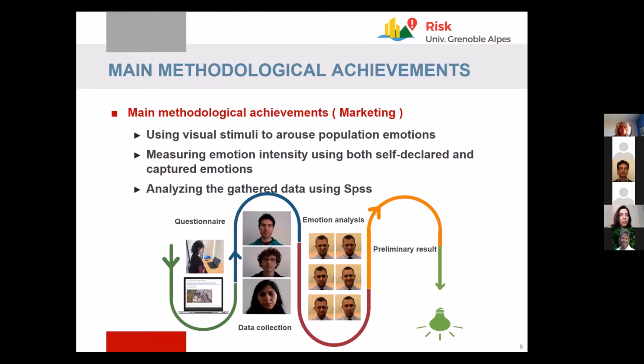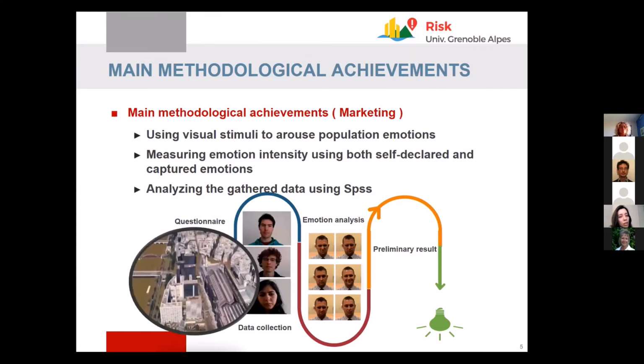What was the difference? We had 2 visual stimuli. The first one was an image of a flood in Paris, and the second one was a video of a flood simulation in Paris. The experiencers were the people who actually started the questionnaire by watching this video, and then they answered a questionnaire about how they felt when they saw this video.